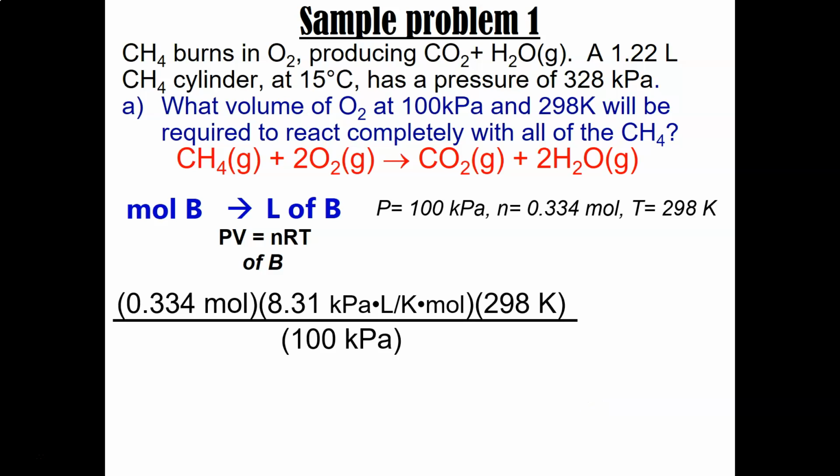So moles, R value, temperature, pressure, all punches out in my calculator to tell me I'm going to end up with 8.28 liters of oxygen gas when that reaction has finished and we're at those new temperatures.